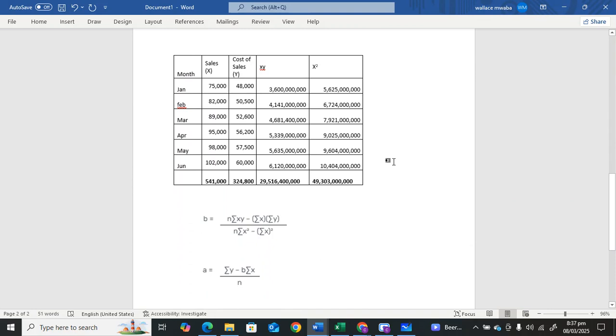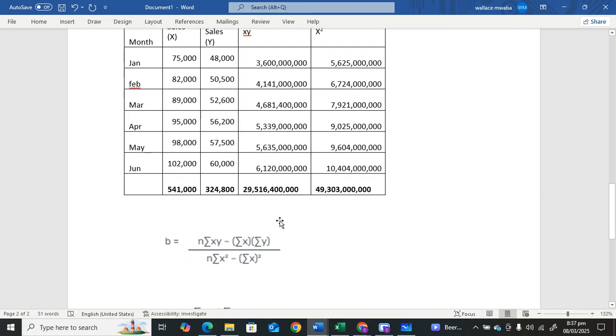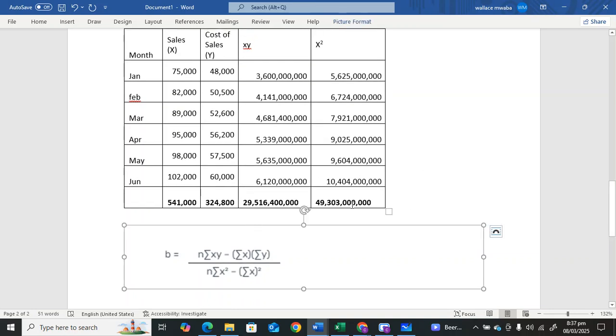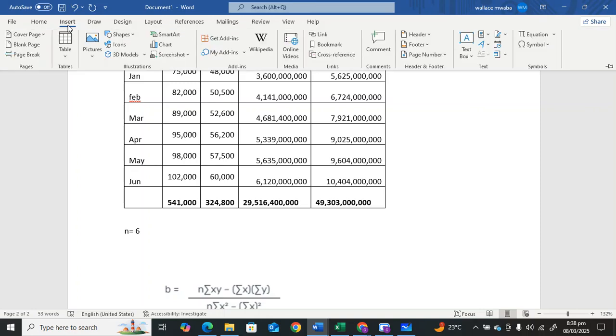So once we've got this information, it's just a matter of substitution into our formula. We need to start by getting our fixed cost component. n in this case is 6. Let me put the formula here so that I just insert.